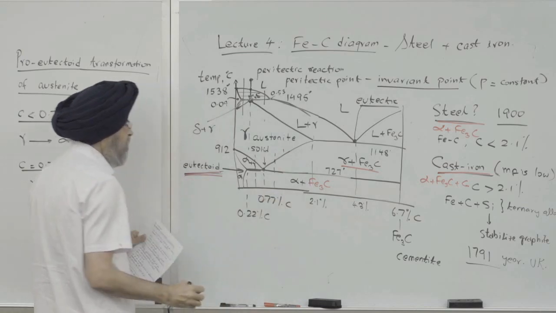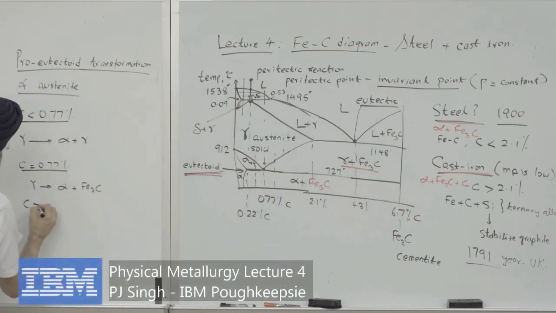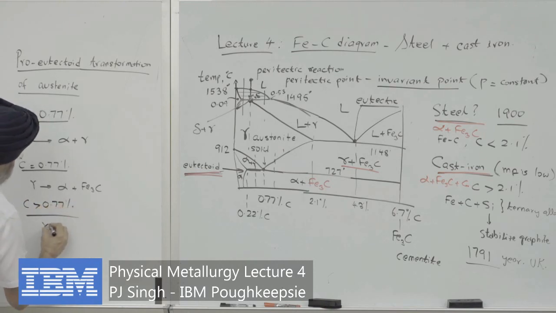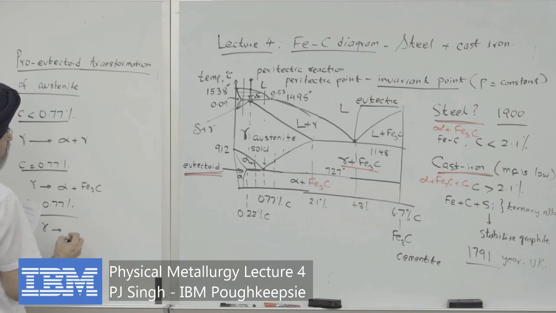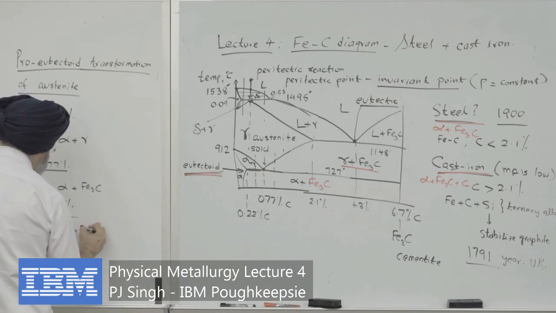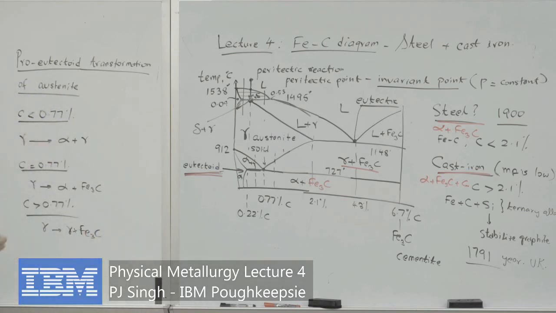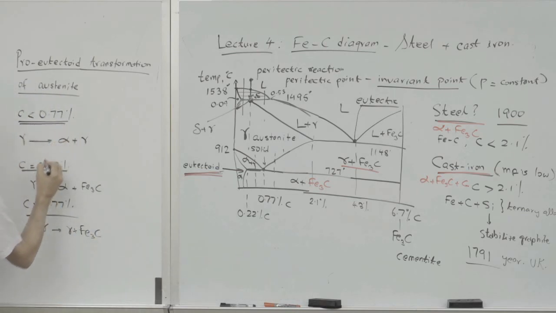If we are above the eutectoid, meaning carbon is more than 0.77%, then the gamma goes to gamma plus Fe3C. So depending on where you are in composition, you get different pro-eutectoid transformations.